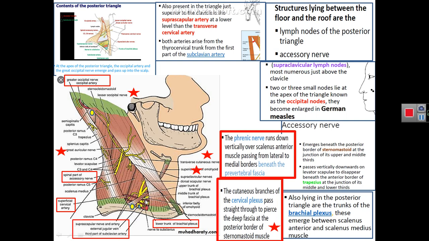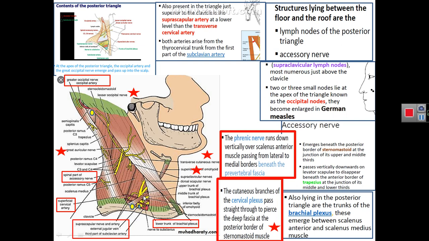You know, the brachial plexus is formed of roots near the intervertebral foramina, then trunks, which are in the posterior triangle. Then the trunks divide. Divisions of the trunks are behind the clavicle, and the divisions unite to form cords in the axilla. The cords are in the axilla. The divisions of the trunks are behind the clavicle.